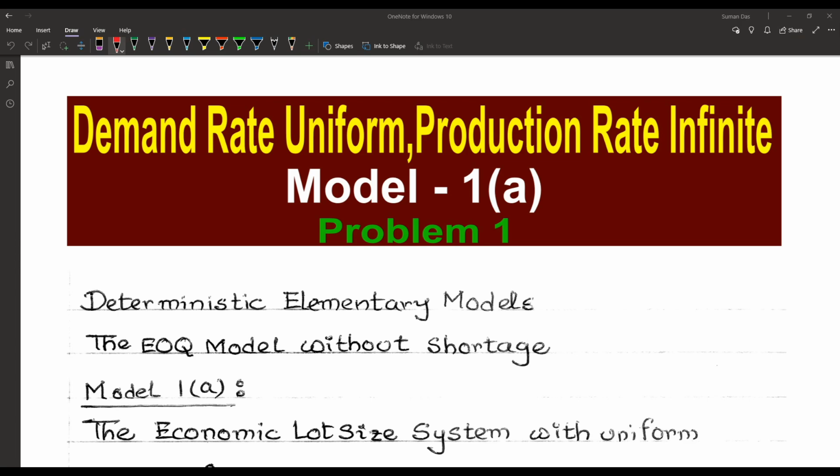Model 1A is one where the demand rate is uniform and the production rate is infinite. Obviously, that is a deterministic elementary model, and the EOQ model is always without shortage.